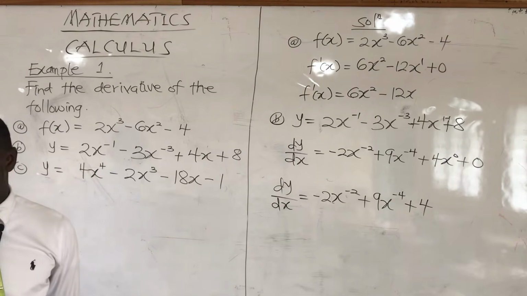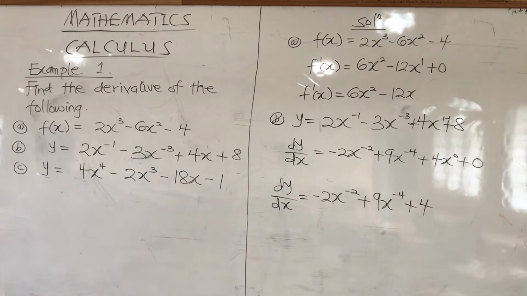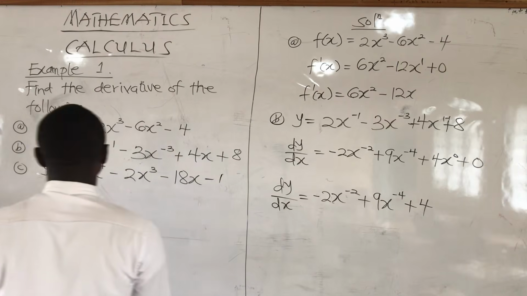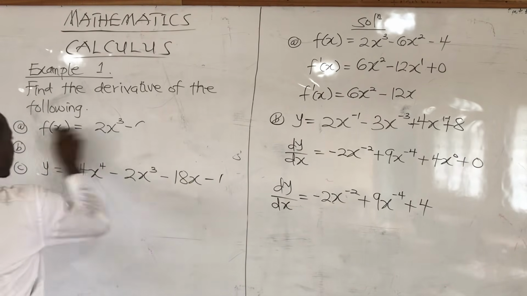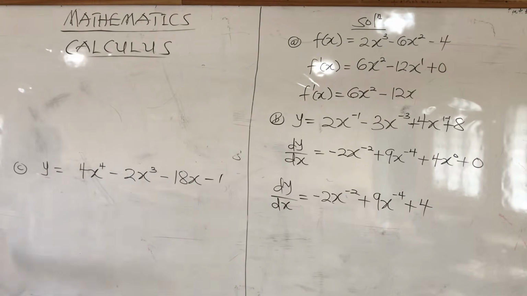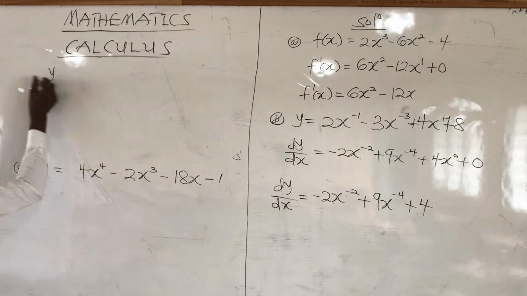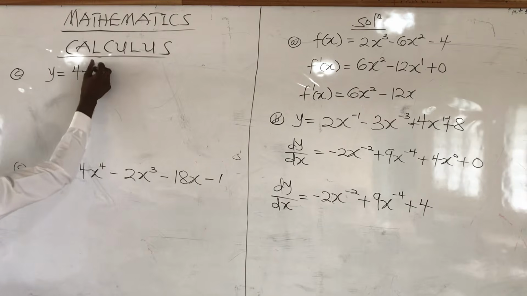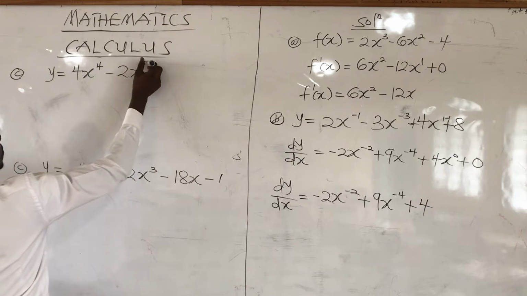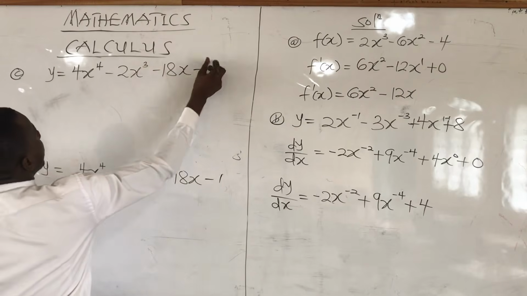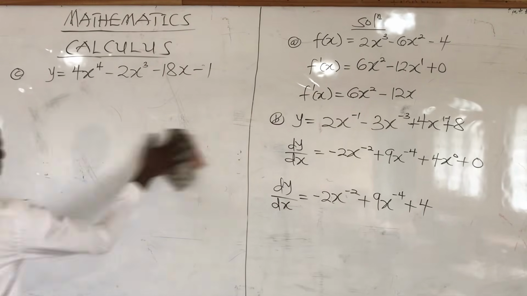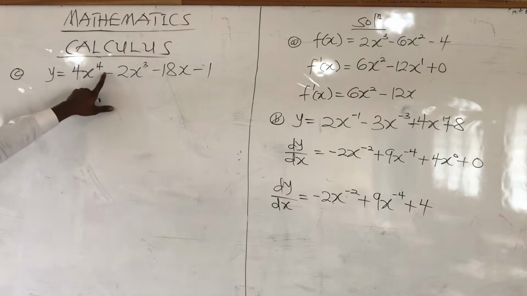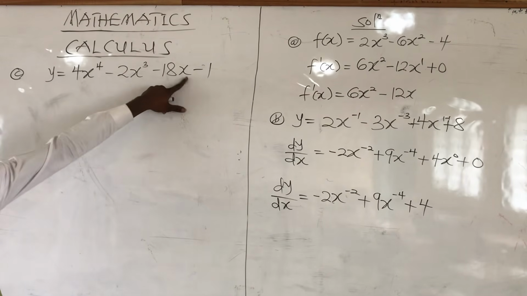Let's look at our final example. The final example is y is equal to 4x power 4 minus 2x cubed minus 18x minus 1.